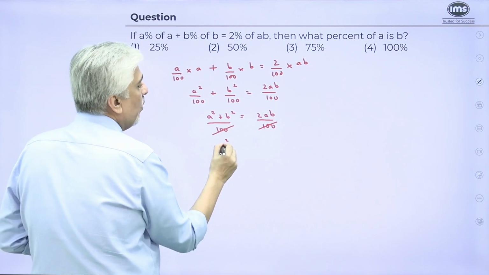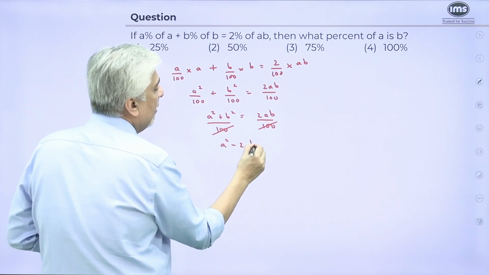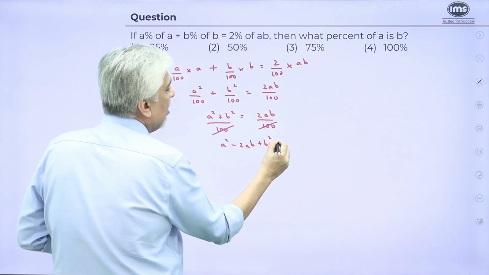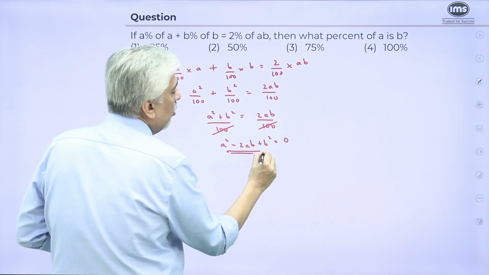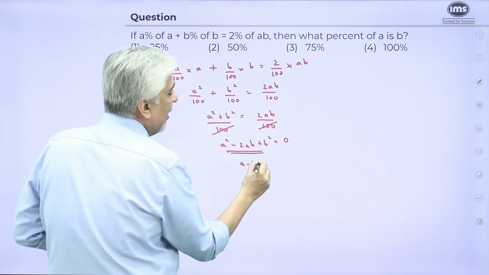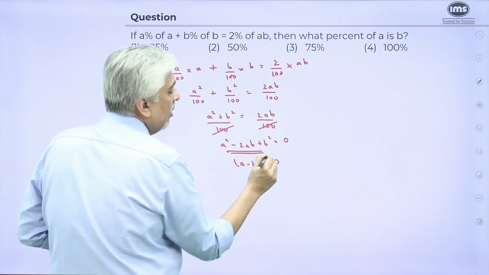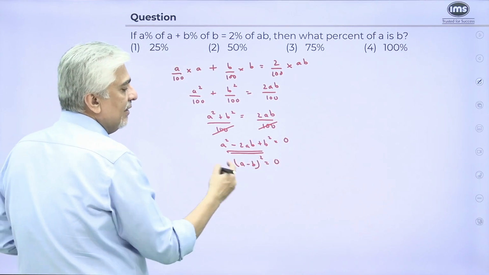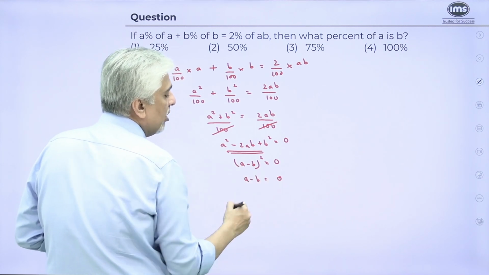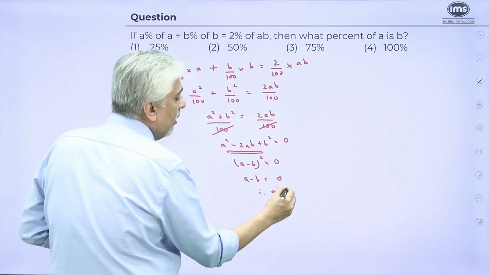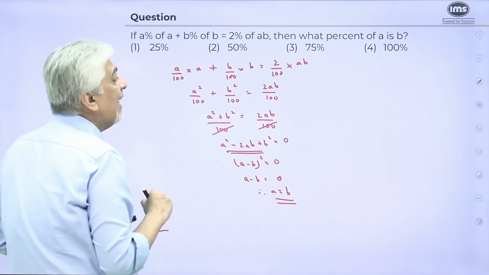We will get A square minus 2AB plus B square is equal to 0. This is nothing but the formula for A minus B the whole square. So A minus B the whole square is 0. Taking square root on both sides, the square root of A minus B the whole square will be A minus B. The square root of 0 is 0. So we know A is equal to B, which means A and B are equal.